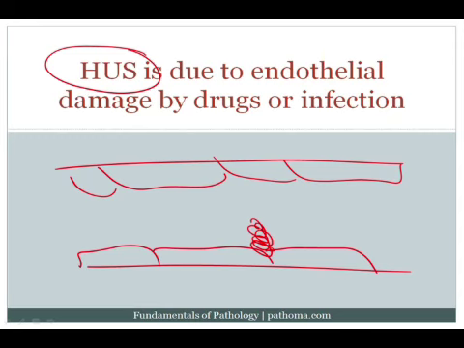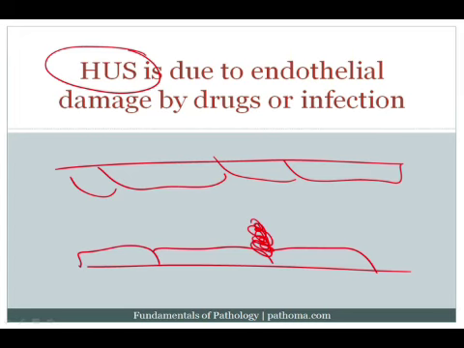coli O157:H7. So patients get this E. coli O157:H7, and that then results in a verotoxin being produced by the bug. It's called E. coli verotoxin, which damages the endothelial cells, and when it damages the endothelial cells, you get platelet microthrombi, particularly in the kidneys, but also in the brain.